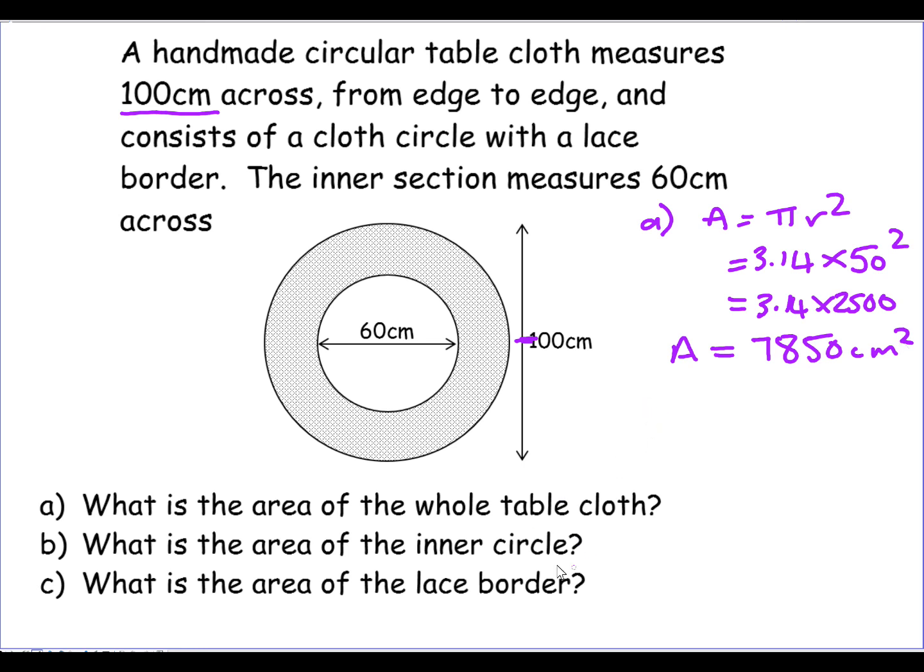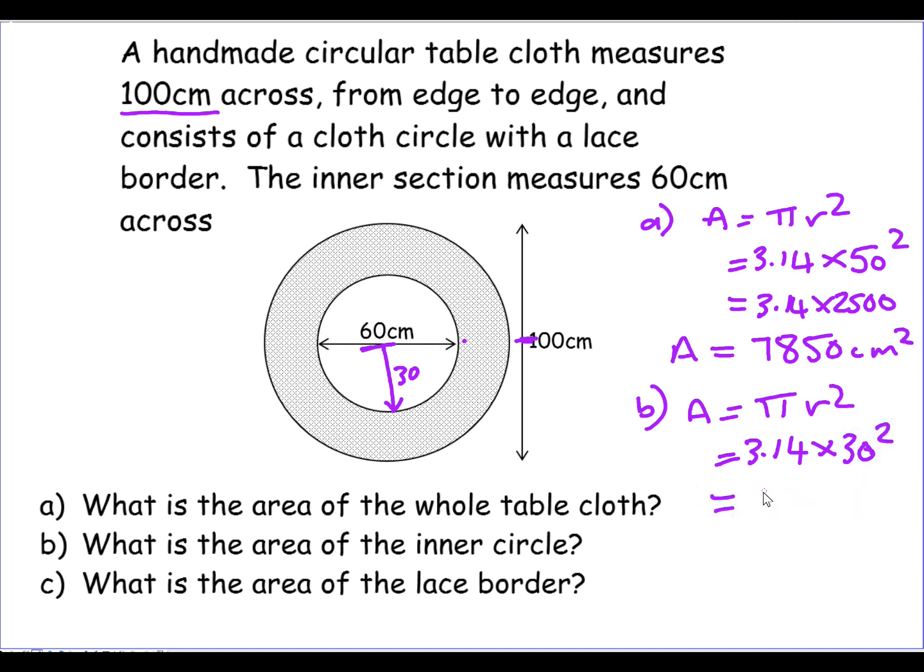Then we need to work out the area of the inner circle. So this inner circle we've got here. So for B, the area of the inner circle is equal to pi r squared. Pi we know is 3.14 times, because they're together, and then the radius. Now they've given us the diameter, so the radius is going to be 30 centimeters, and we need to square it.